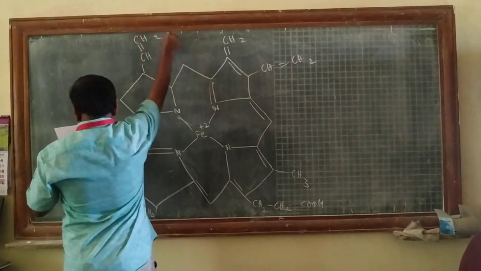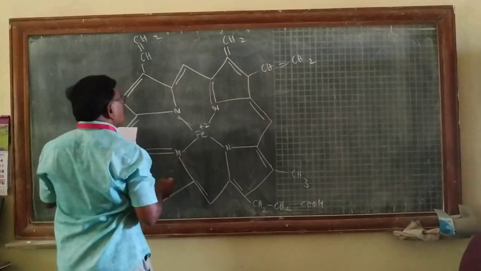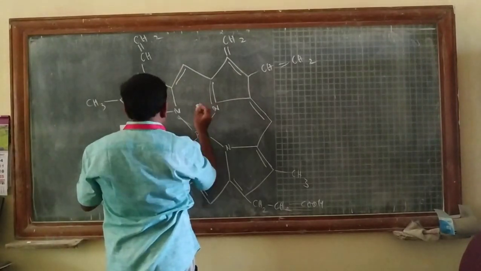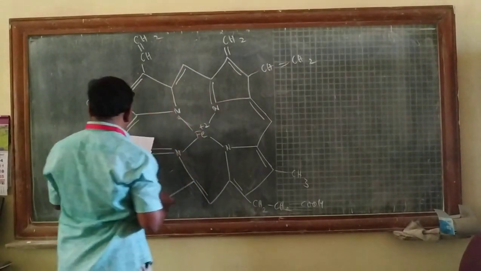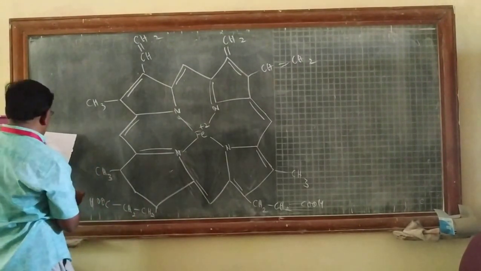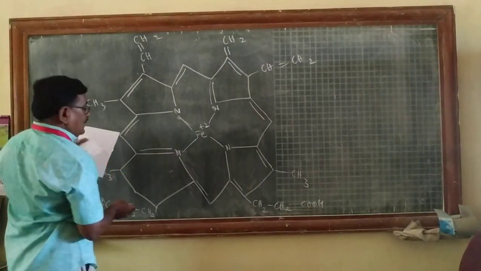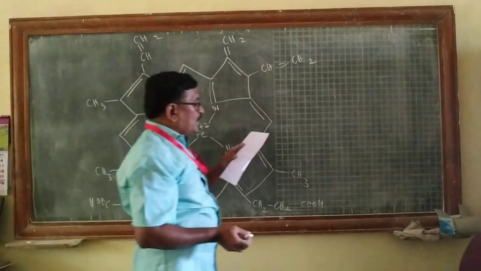CH double bond CH2. CH3. So this is called iron.